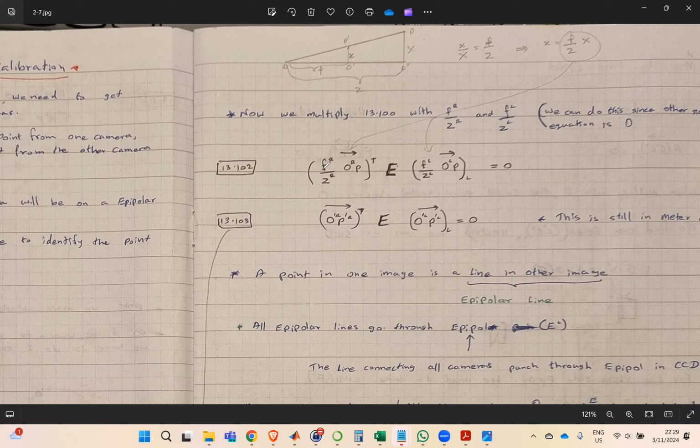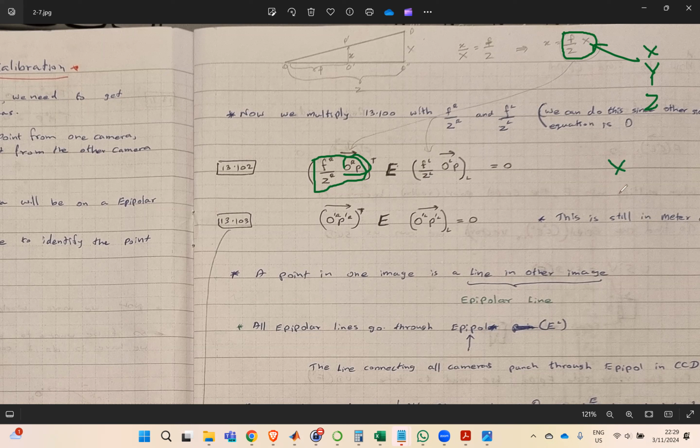So now look here: F divided by Z and some vector. You can see F divided by Z and some vector, and this x is also in capital X, capital Y, capital Z. And what is OP, the distance to the real image?